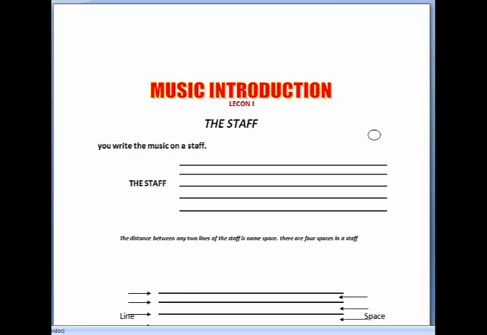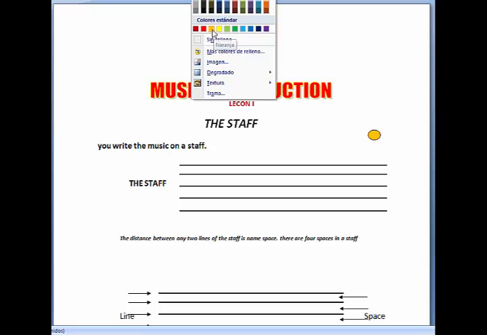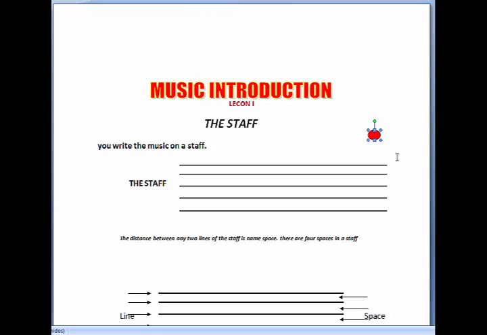One second, guys. Okay, the space is this. Now you see that the ball is in the space, but if I put it here, it's going to be on the line. There is space and line.